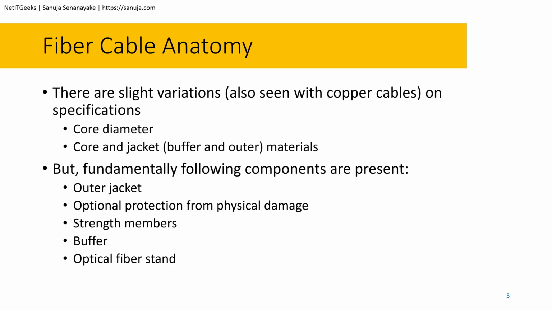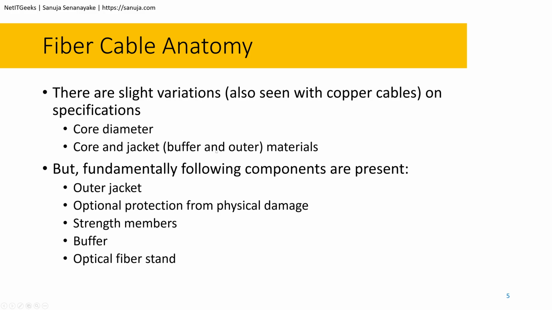So keep that in mind. I already covered these types of cable jackets in my previous lectures associated with direct burial cables of copper cables. So I'm not going to go into depth on that, but just remember, just like in the copper cable, you see those kinds of variations in the fiber cables as well.